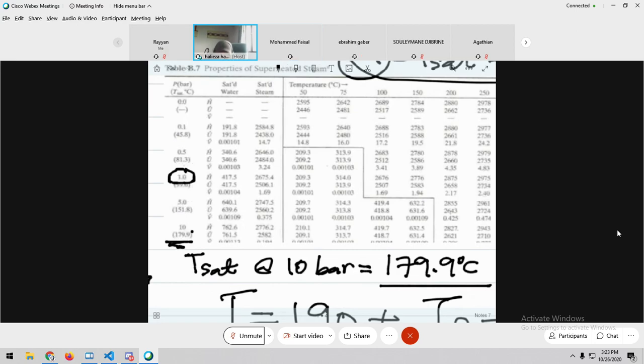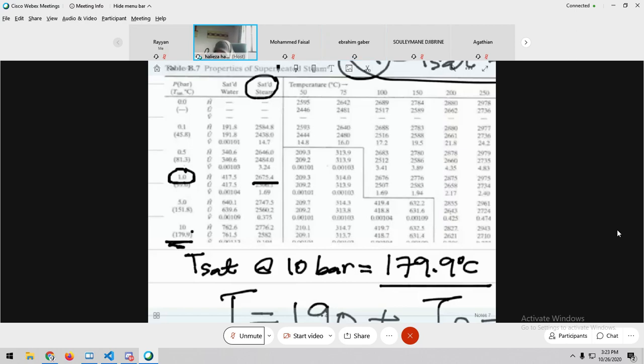Steam. So you should be looking at saturated steam. Where is the enthalpy? That's the enthalpy, 2675.4. That is the enthalpy at 1 bar for saturated steam, for the outlet. Okay, write it down: 2675.4, the unit is kilojoules per kilogram.